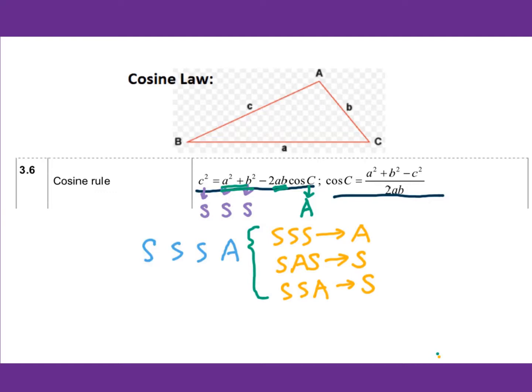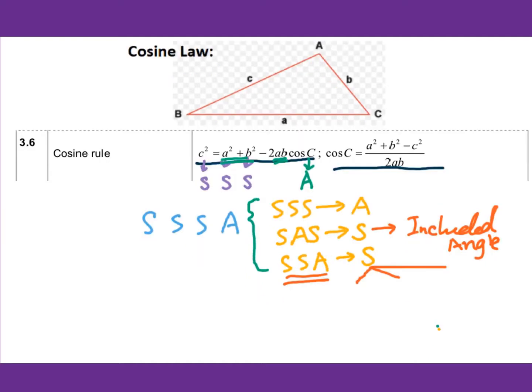For SAS, remember that's the included angle. So in the problem, if we have an included angle, think of using cosine law. For the SSA pattern, you need to be careful. Maybe there is no solution for this problem, or you have one solution, or maybe we have two solutions.